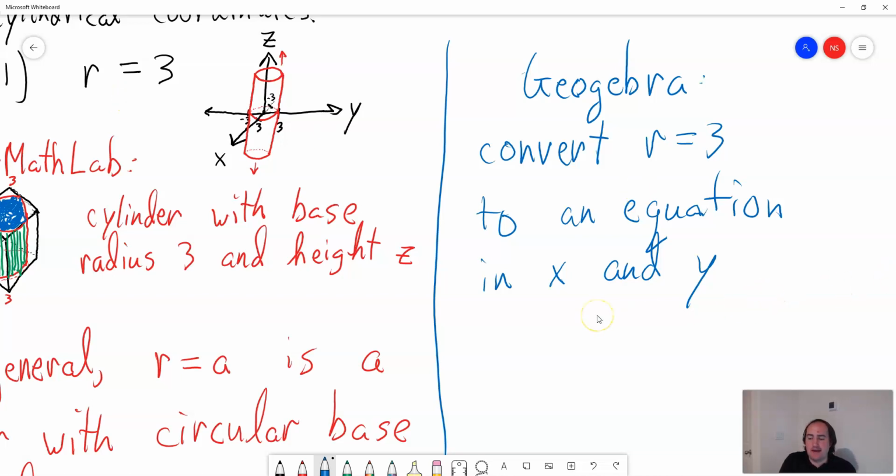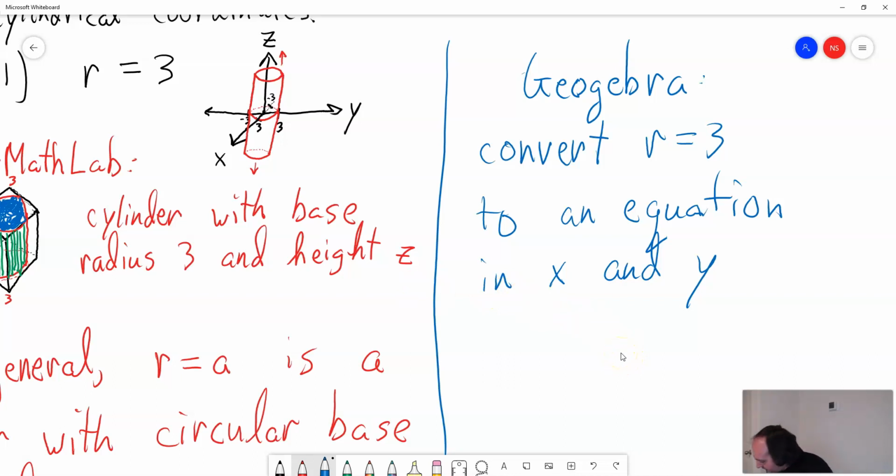Okay, so how do you do that? You might be wondering. Probably the easiest way to do that is to just square both sides of the equation and then replace the r squared with x squared plus y squared.